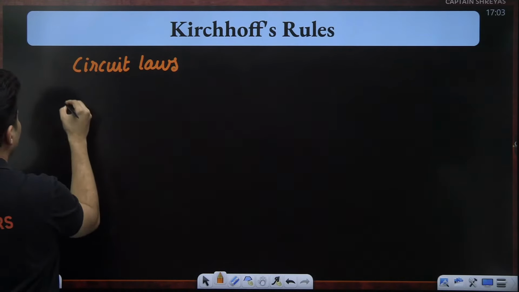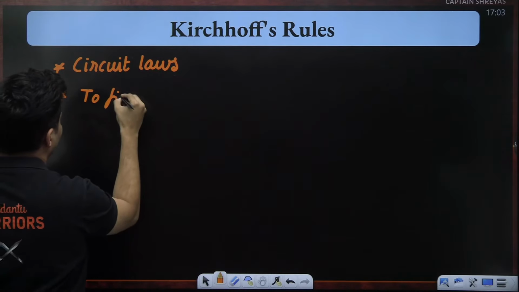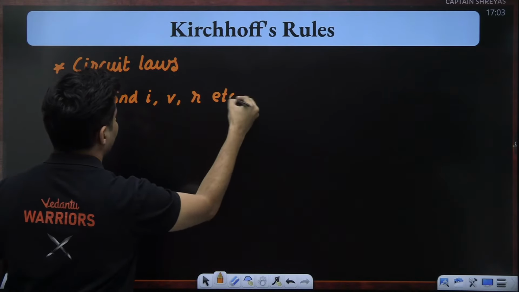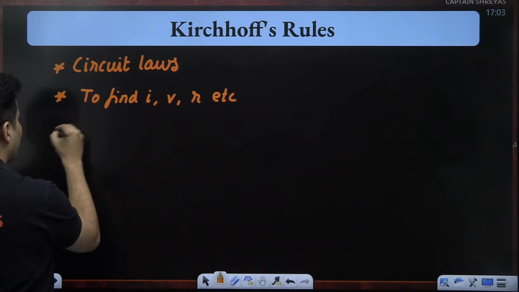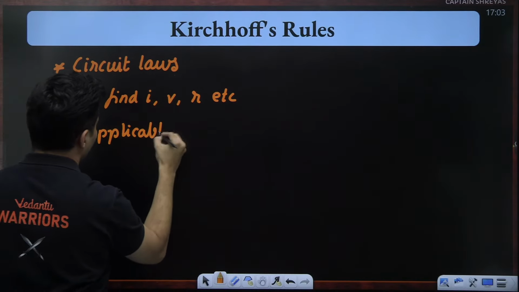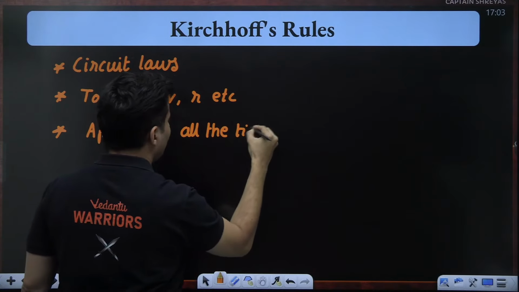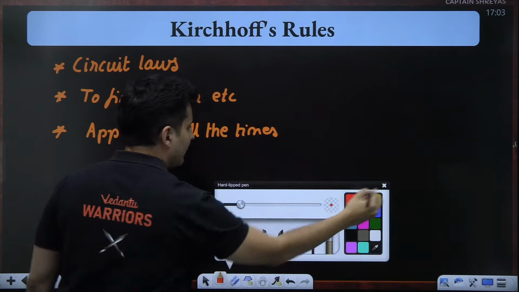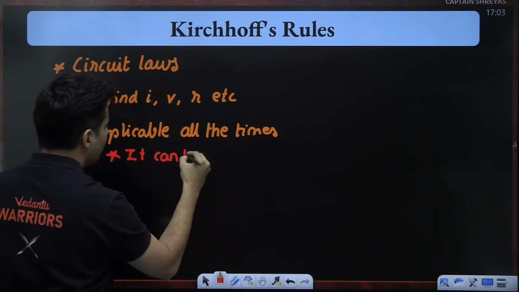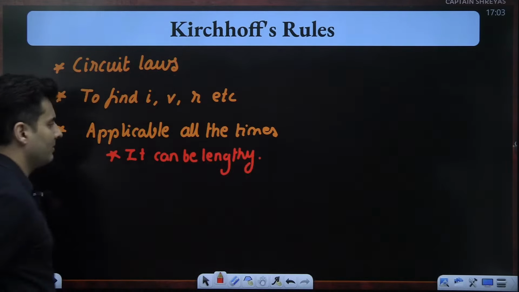They are basically helpful to find current, voltage, resistance, etc. And it is applicable all the times. But keep in mind one simple thing, and that is it can be a lengthy way of solving the question at times.